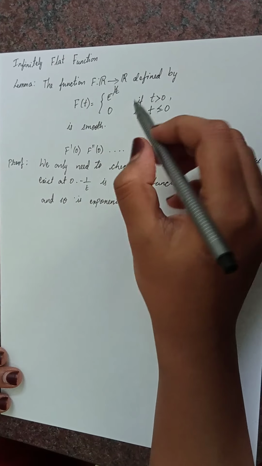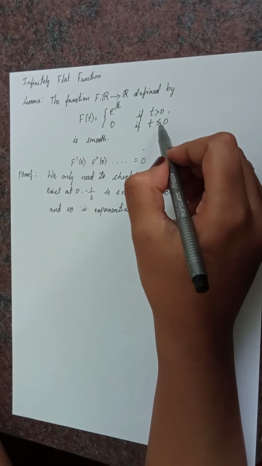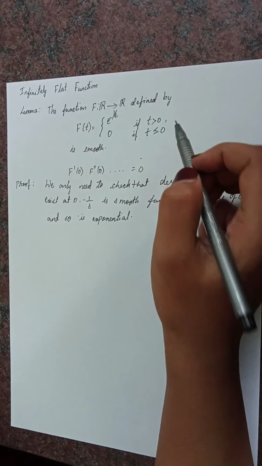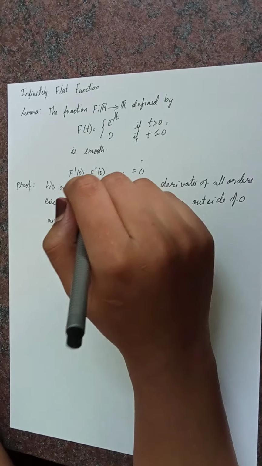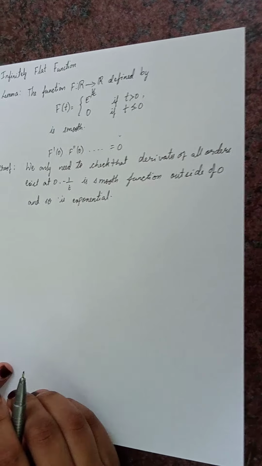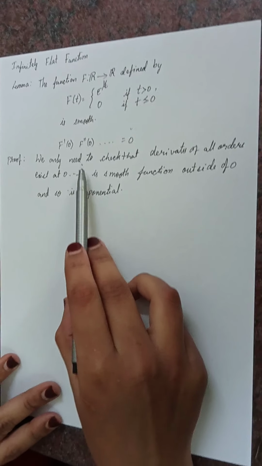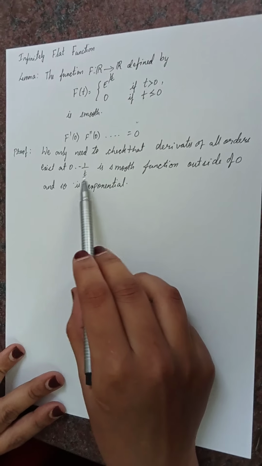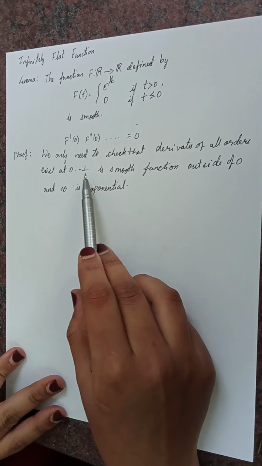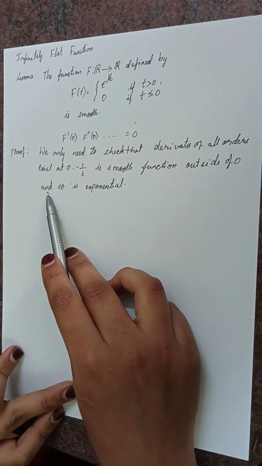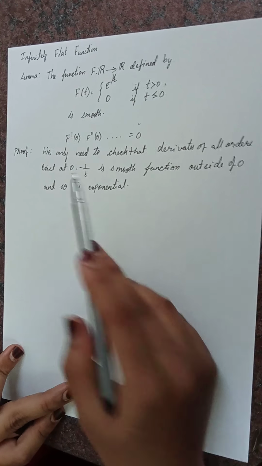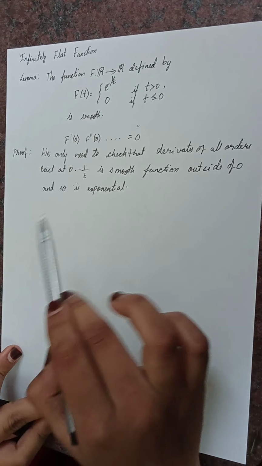Obviously minus 1 by t is smooth when t is greater than 0, and the exponential is also a smooth curve. So here we are trying to show that the function part as well as the t part is continuous, or a smooth curve. The only problem over here is the origin, because at the origin we have considered the function as 0.